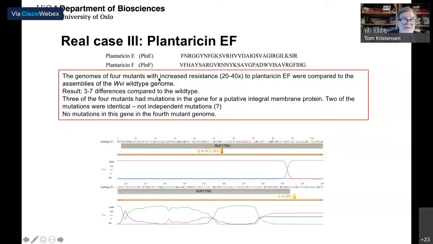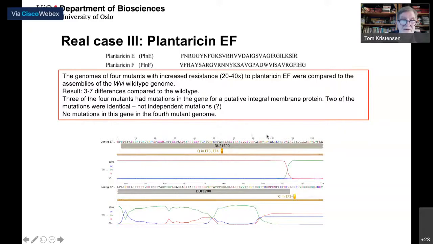And we could use the same sensitive wild-type genome as we had used earlier, so I didn't have to do more assembly. But for the mutants we had, 3 of the 4 had mutations in a gene, shown here, a short protein anchored in the membrane, apparently at the end here.